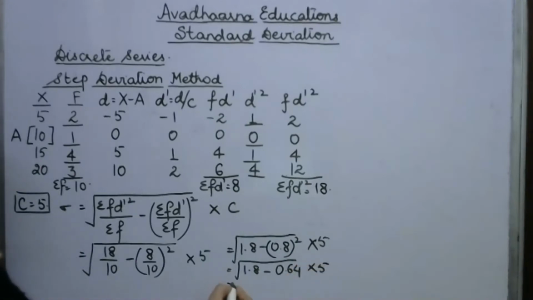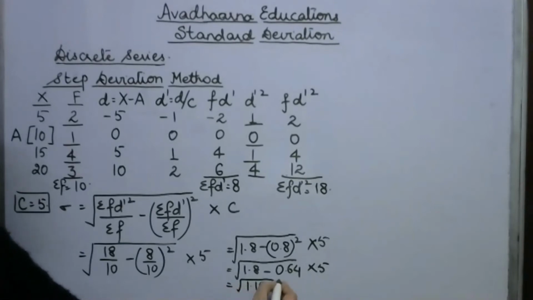It is equal to 1.8 minus 0.64, under root of 1.16 into 5. So let's calculate the under root of 1.16.